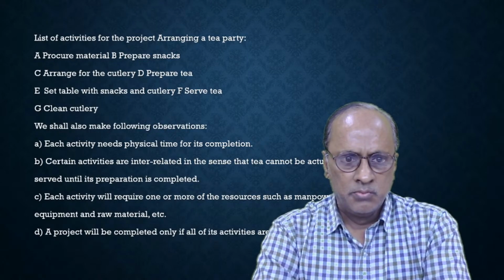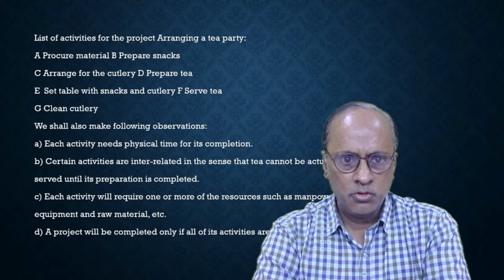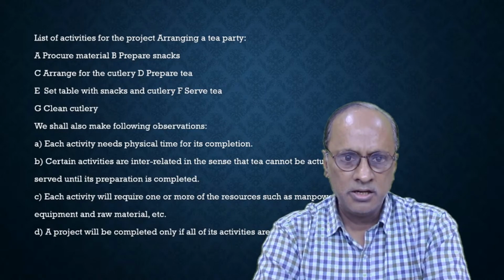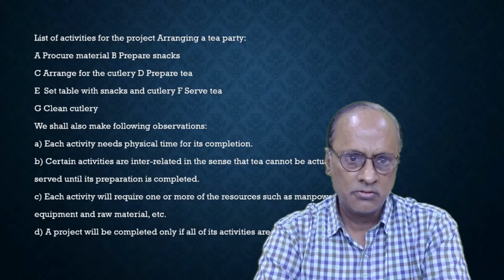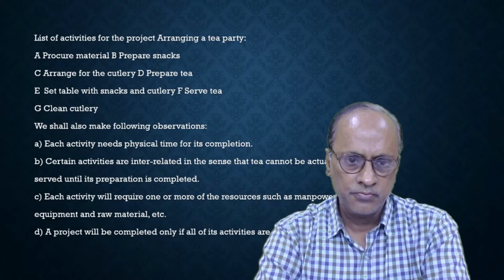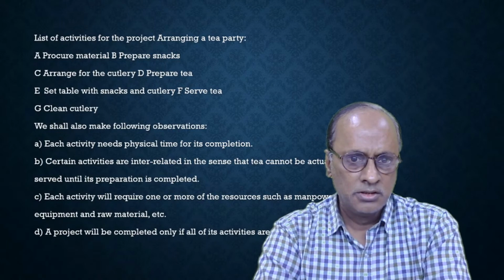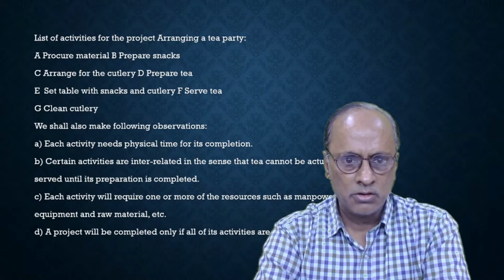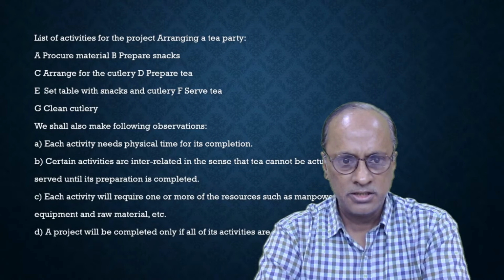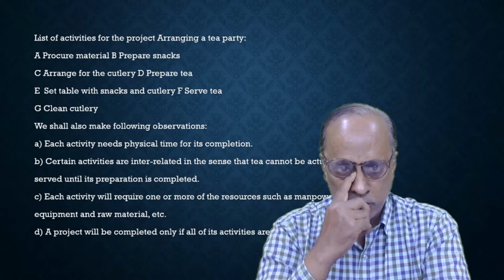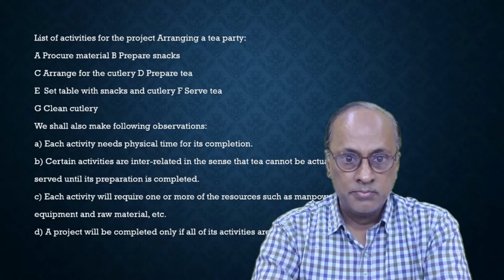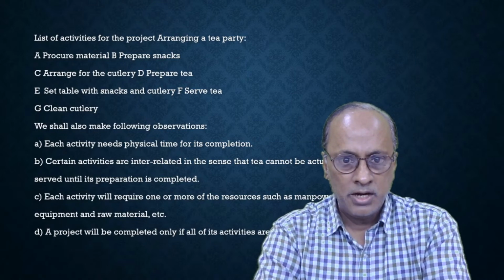Procure material and prepare snacks are interdependent. I cannot prepare snacks unless I have materials. So first I have to procure materials, that is the sugar or flour, whatever is required for preparing snacks, and arrange for cutlery. Then prepare tea and serve tea.